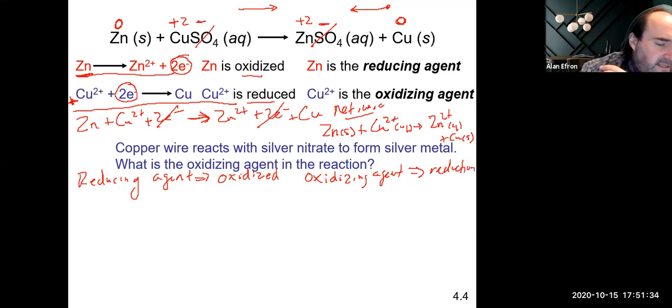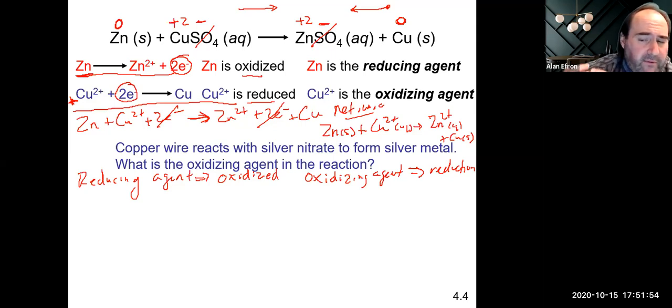They are opposite in their names in terms of what is actually happening. In order for something to get reduced, it has to gain electrons. In order for it to gain electrons, it has to cause the oxidation in something else.